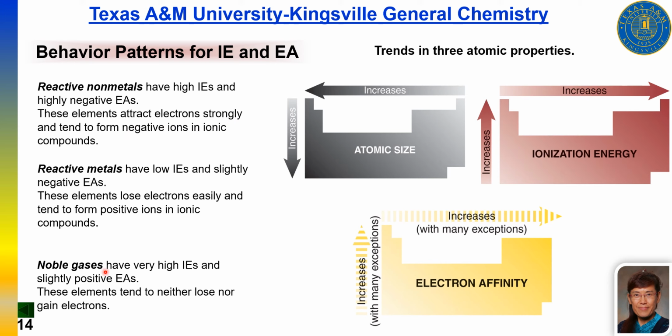And noble gases have high ionization energy and the electron affinity is slightly positive, so those elements tend to neither lose nor gain electrons. These noble gases stay as themselves, neither losing nor gaining electrons.